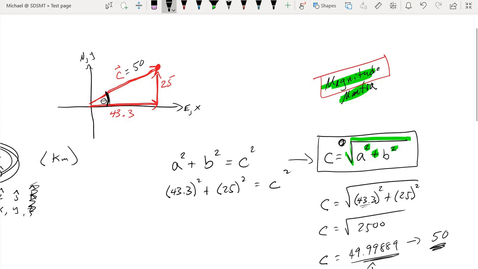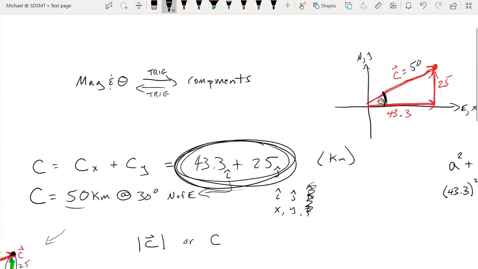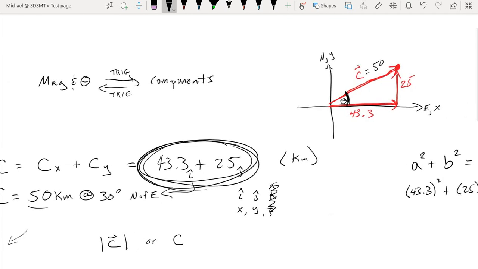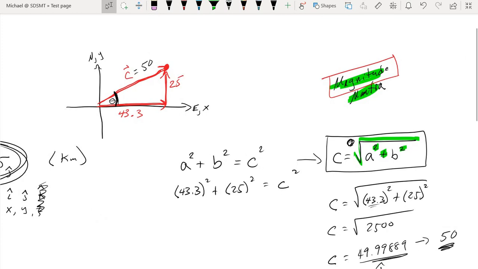Keep that in mind. Yeah, I know 50 was the original value, but let's just pretend for now that we didn't know that. We want to use given information, right? Right now, these are the given pieces of information that we have for this problem. I want to use those two pieces of information to solve for the angle of this triangle.